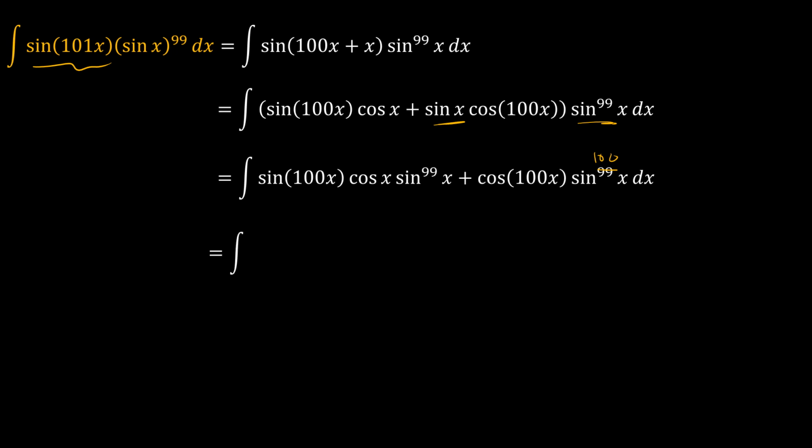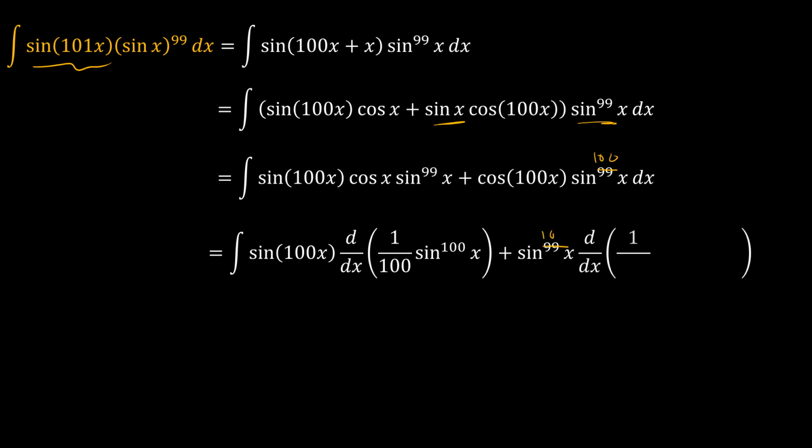And this now we can see is the same as sine 100x times the derivative of 1 over 100 of sine to the power 100x, plus sine 100x times the derivative of 1 over 100 times sine x.